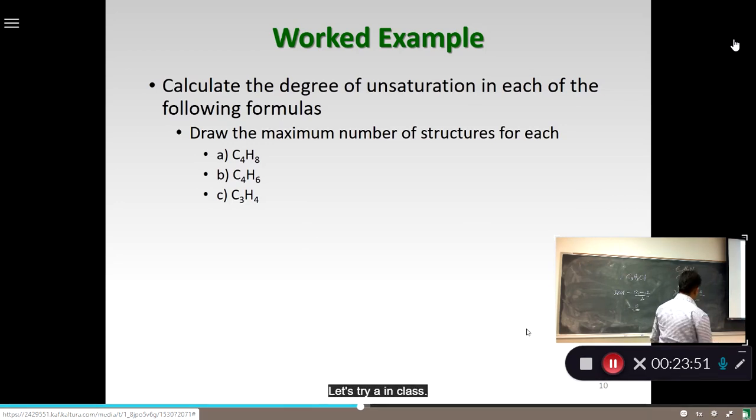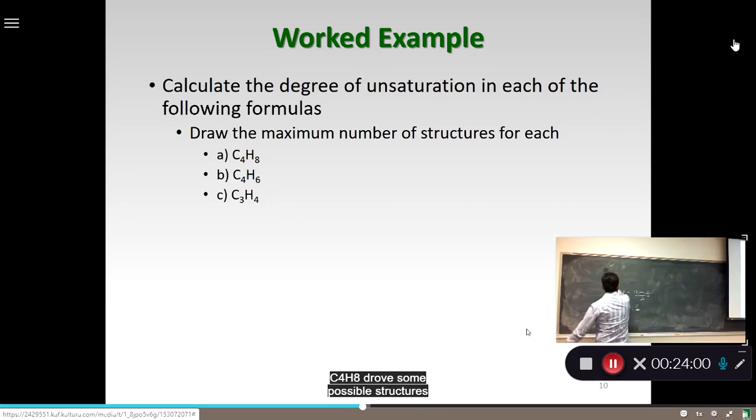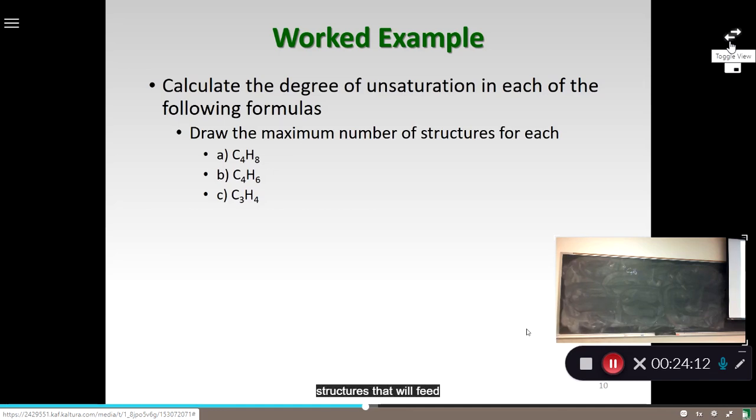In class, draw me some possible structures for the chemical formula C4H8. If you are watching the video, this is the time to pause your video and try drawing structures that will fit the chemical formula C4H8.